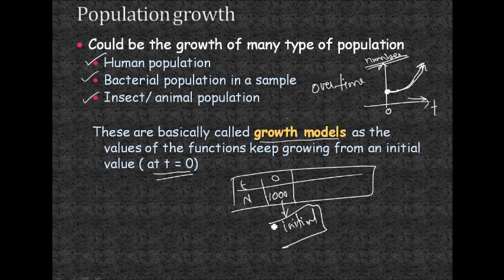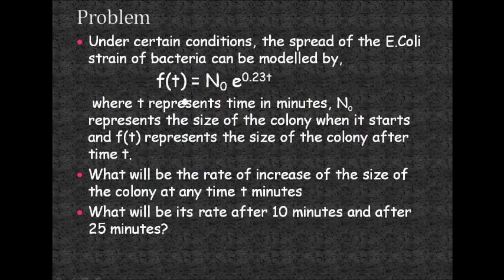So you start with some initial value at t equal to 0, and then you consider the function, and as you find dy/dx for this, you get the rate at which the population changes at every point. So this is a typical question on population growth.